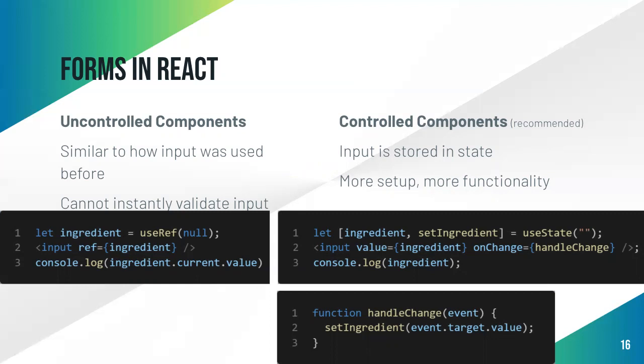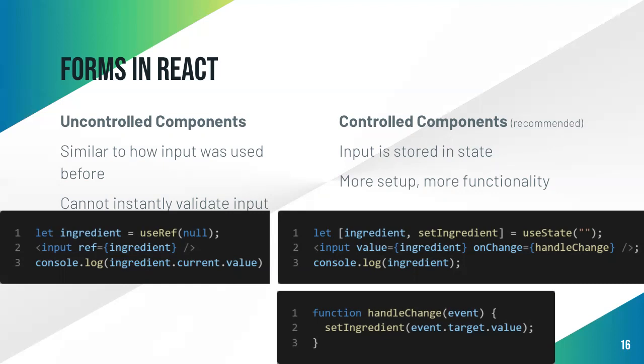For uncontrolled components, you're going to use a hook called the useRef hook, and that just tells React, hey, this is an uncontrolled component, here's the ref for this. You don't actually need to know the technical why that happens, but if you look at that code example on the left, you use the useRef hook, and then you pass ref in as a prop to the input tag.